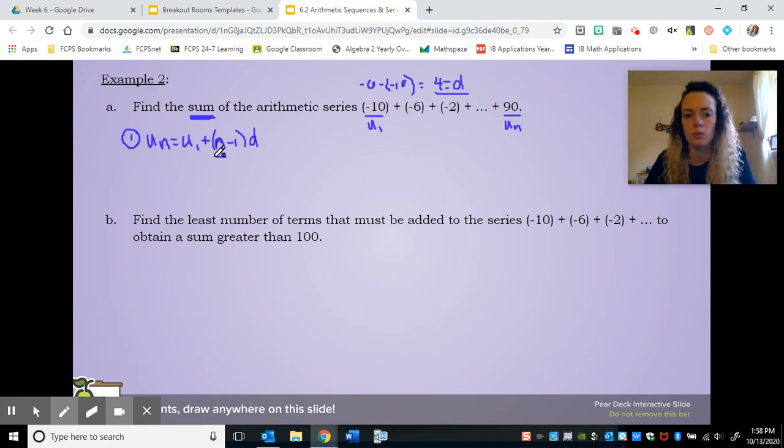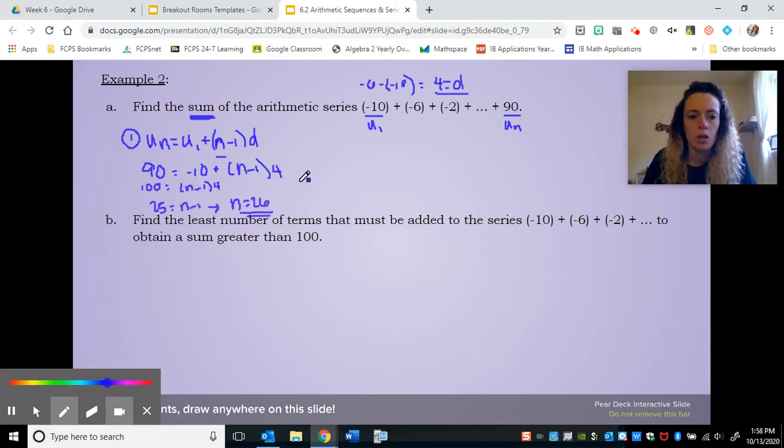That's the only thing in this formula that we don't have. So I'm going to sub in what I have. And then solving this, it's up to you how many steps or which steps you take first, but your goal right now is just to solve for n. So when I solved, I got n equals 26. And you can see my steps here. I didn't show all my work, but I showed my steps.